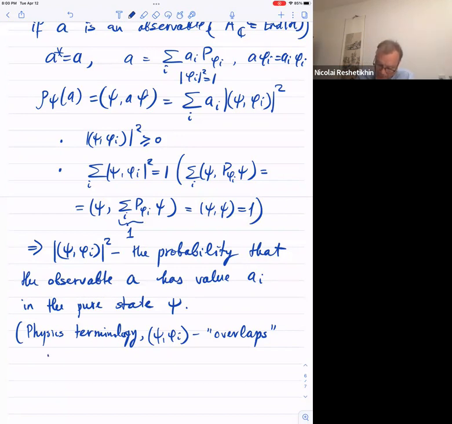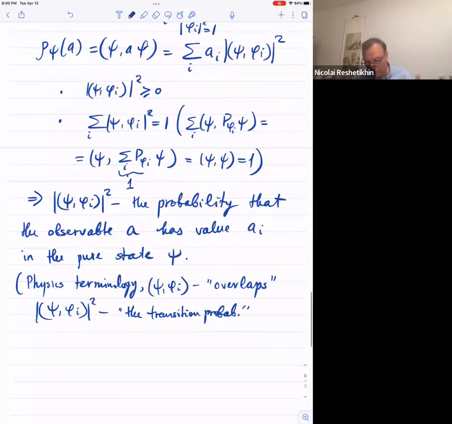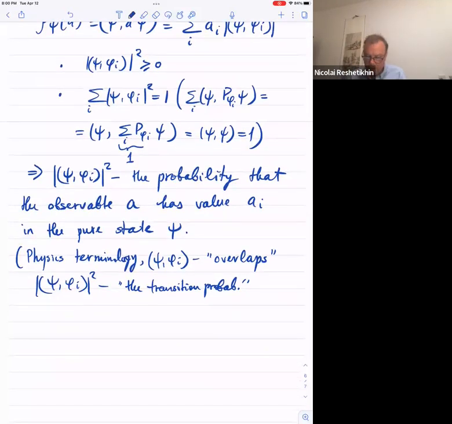But if the supports intersect, then this is an overlap. And the squared modulus of the scalar product of psi and phi is sometimes called transition probability, meaning the transition probability from pure state psi to pure state phi. That is, if you switch on the time dynamics, but this is just terminology.